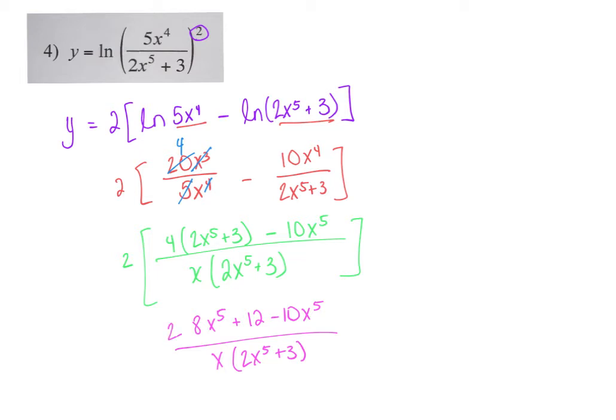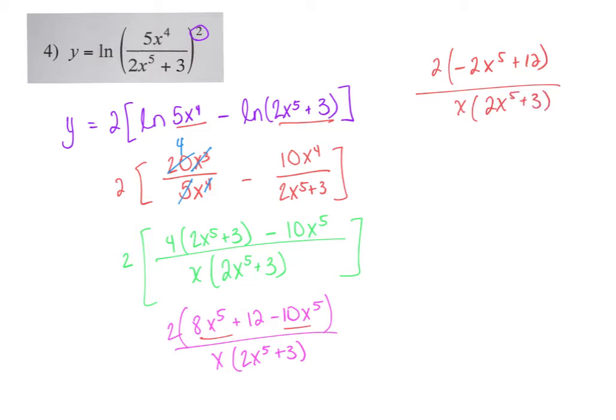And I'll still pull this 2 out here. And then I will combine my like terms. Negative 2x to the 5th plus 12 over x times 2x to the 5th plus 3.